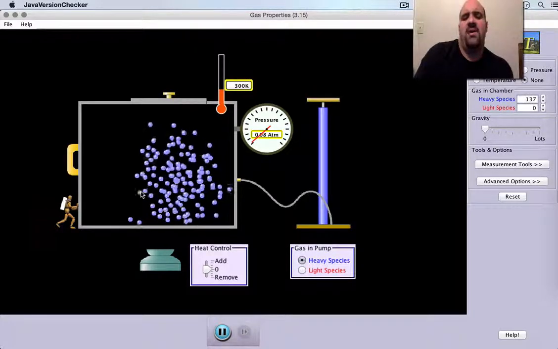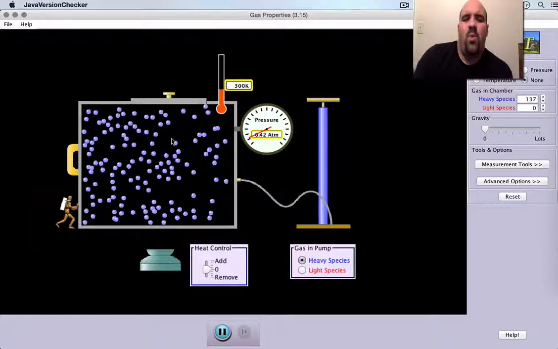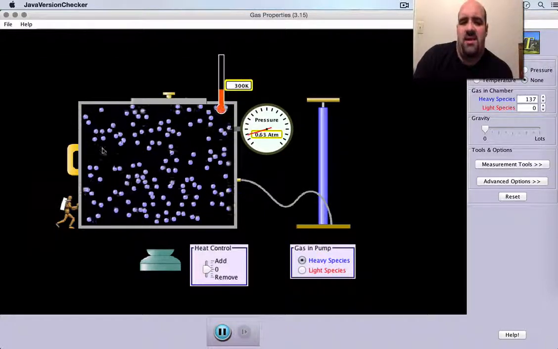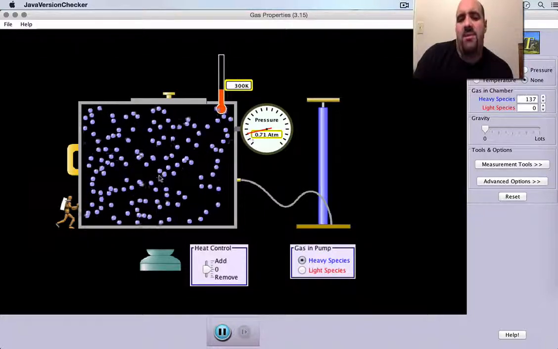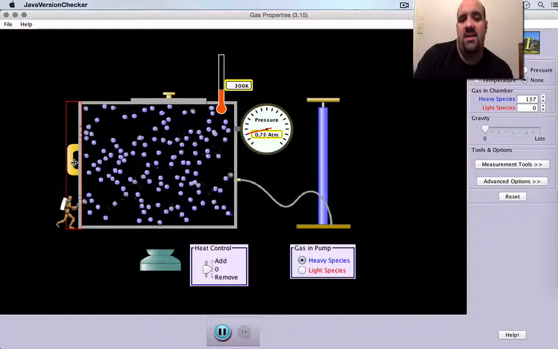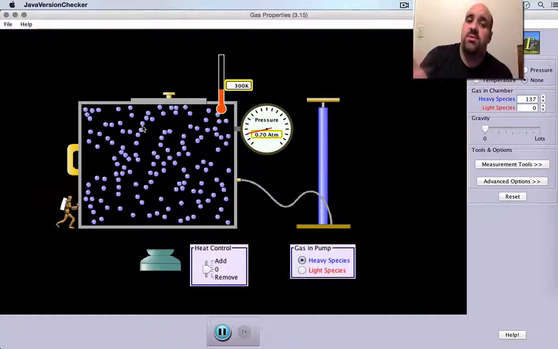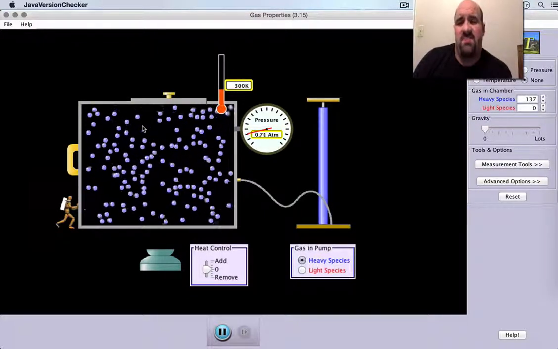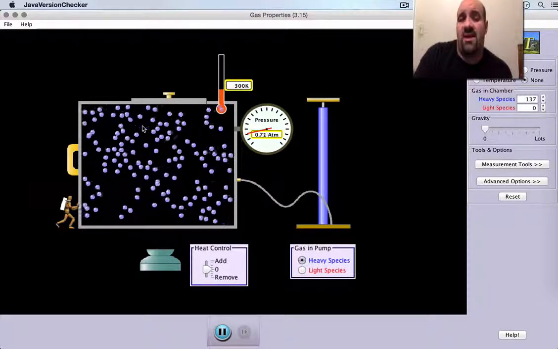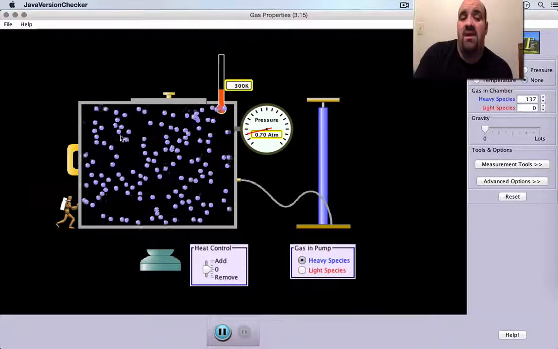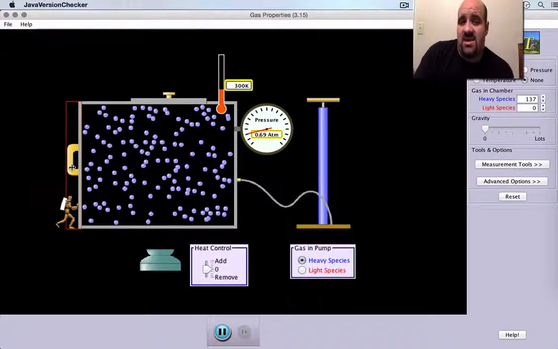So let's look at another case here. Let's say we want temperature to remain constant, and we're going to actually make this bigger. What's going to happen to the pressure inside this tank? Well, if you think about it, pressure is being caused by the particles colliding with the sides of the container. If it's bigger, the particles are going to have to travel further, and they're going to be spending more time traveling and less time colliding with the sides of the container.